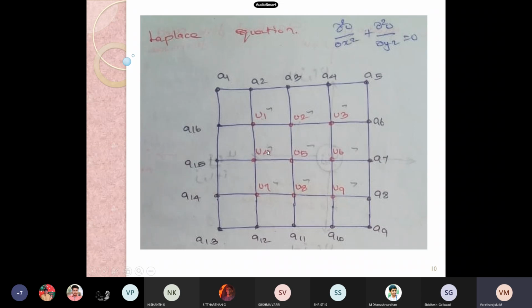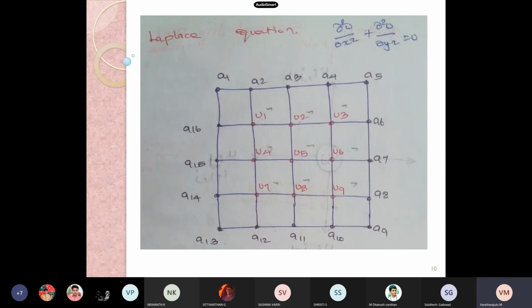Here there are two unknowns. We are interested in U1, but we don't have the values of U2 and U4, so this cannot be calculated.